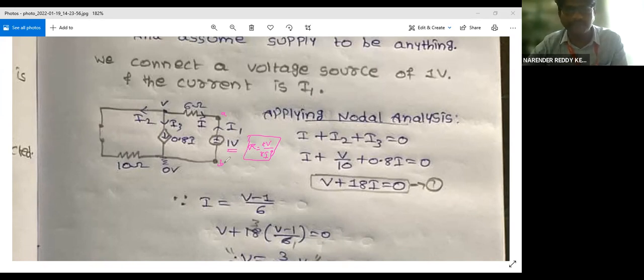So what will happen if I assume a voltage source here? How do the calculations have to be done now? Suppose this is the already existing circuit, and consider this as the added circuit. What happens when I connect this voltage source here? The circuit formed will be like this.